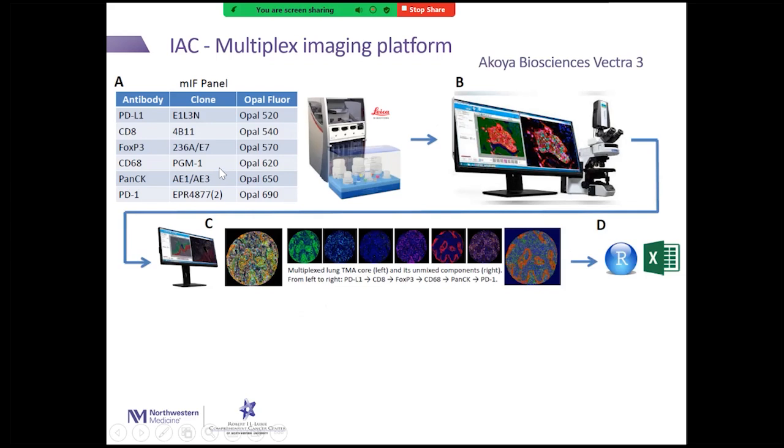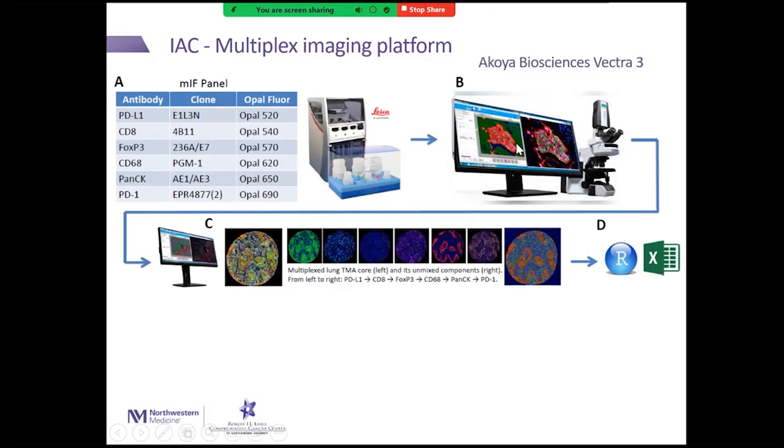So let's say you have a panel. You were interested in looking at PD-L1, CD8, FOXP3, CD68, PAN-CK markers with the following colors in your tumor tissue section. So what you'll do is you'll give us the tissue sections, we'll run it in this autostainer, and then we can take the images in the Vectra 3 imaging platform.